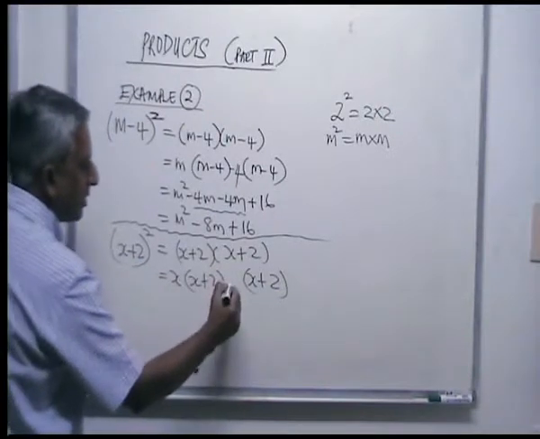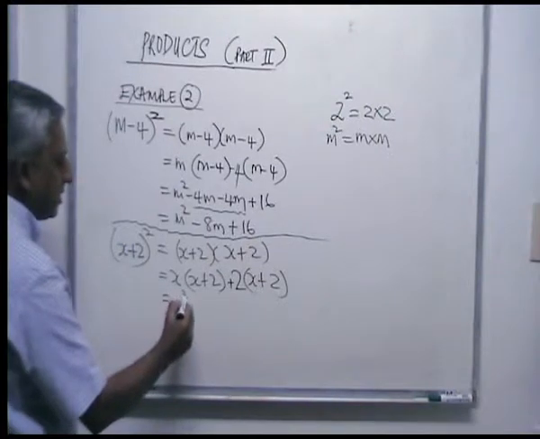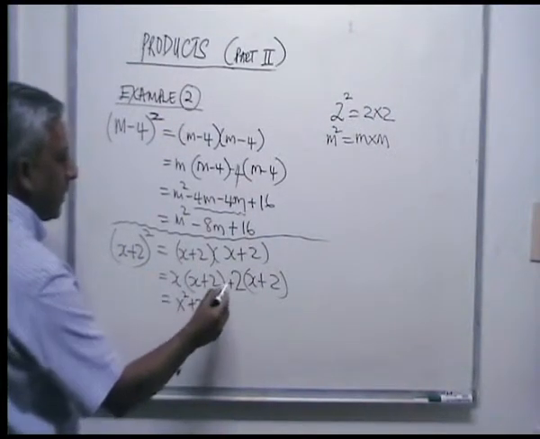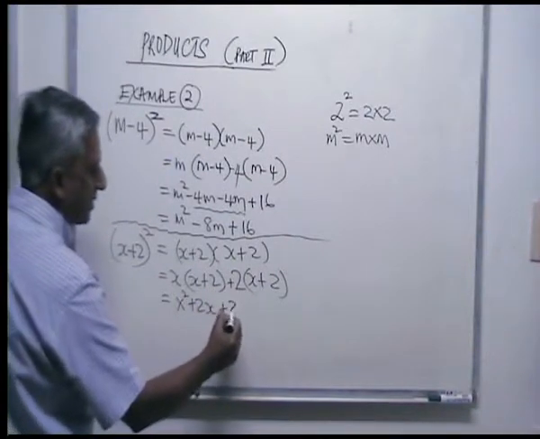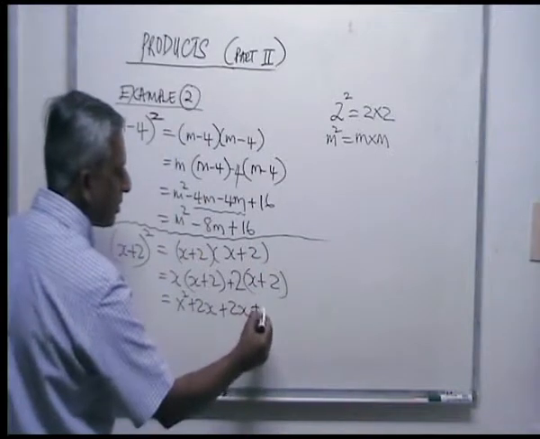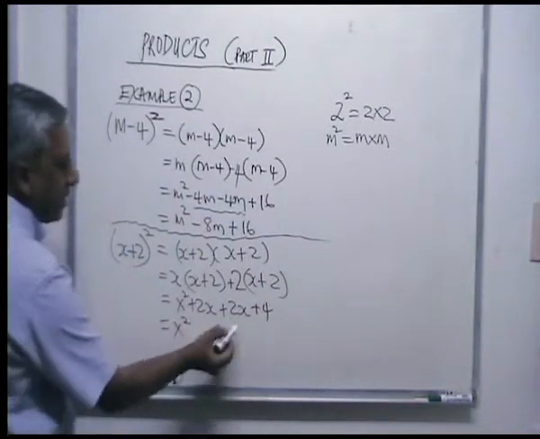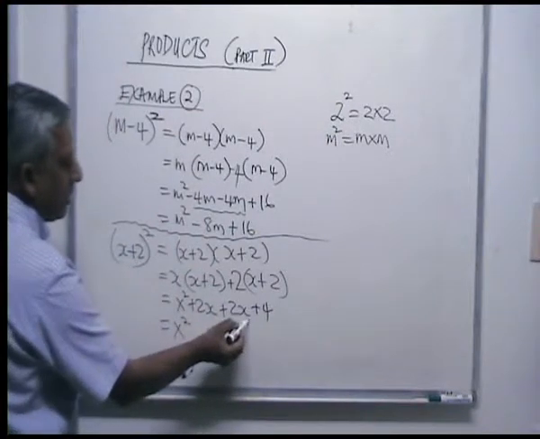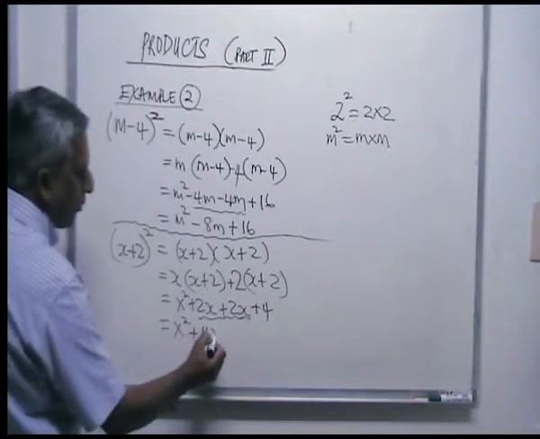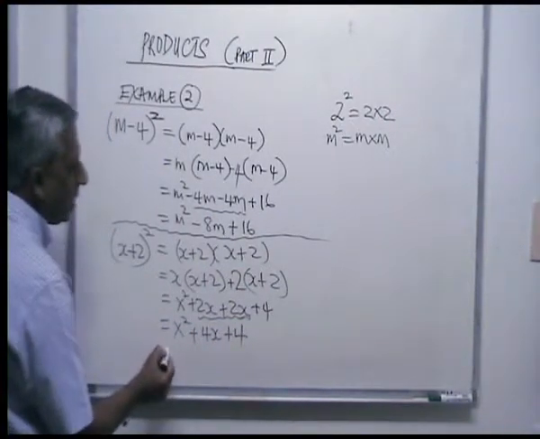In the middle there, we're going to write plus 2. X times x, x squared, x times 2, plus 2x. Plus 2 times x is plus 2x. Plus times plus is plus, 2 times 2 is 4. See, these are like terms here. We're adding them up, you get x squared plus 4x plus 4.